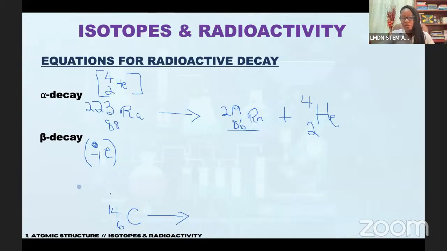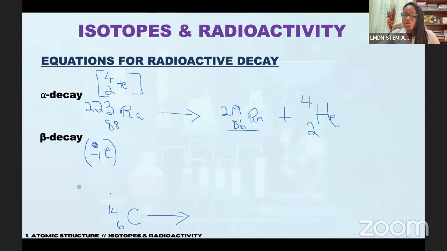In the previous case, where we're doing alpha decay, we are losing a helium nucleus. And so we have a reduction of our mass number and a reduction of our atomic number by 4, 2He. That's what I've written here. For the beta decay, we are saying that beta particles are like electrons. We are likening them to electrons.